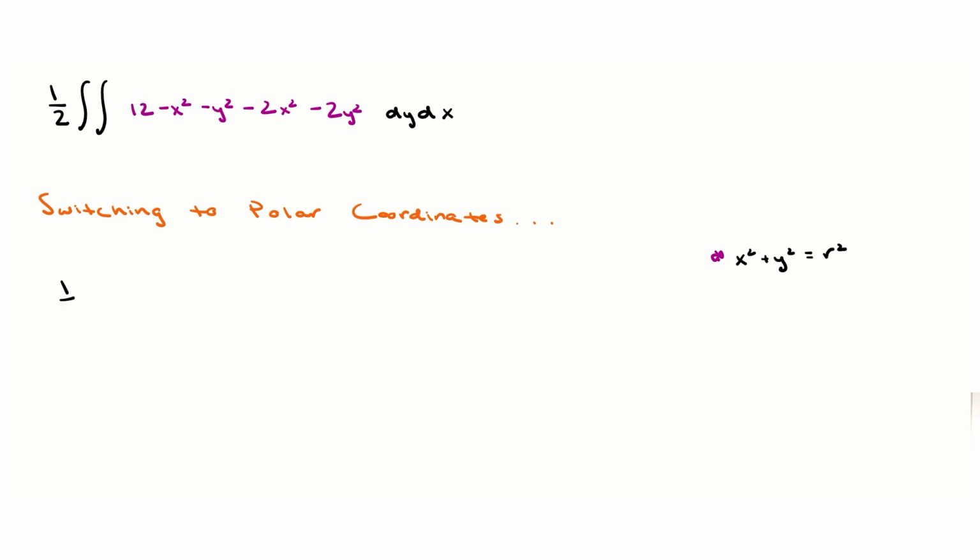And with that in mind, we have 1/2 times the double integral of 12 minus r squared minus 2r squared times r. I'll just simplify this a little bit.